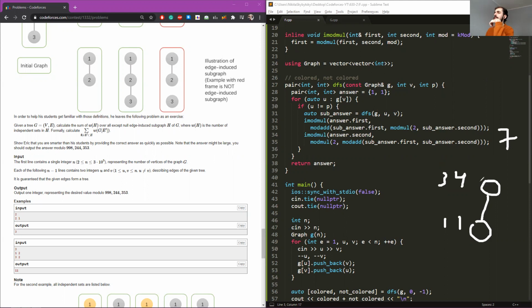No, but wait, if this vertex is not colored and this vertex is not colored, and we can't remove the edge because it will break connectivity. We don't, and it's not edge induced.